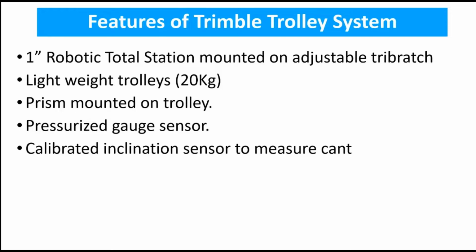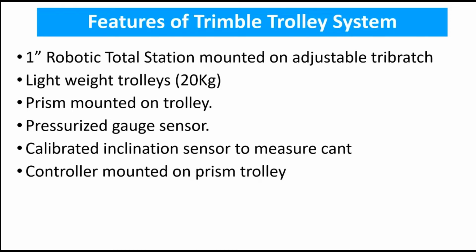It has got an inclination sensor which gives the super elevation or the cant. There is a controller also. Controller means it's a sort of computer which is mounted on the prism trolley.